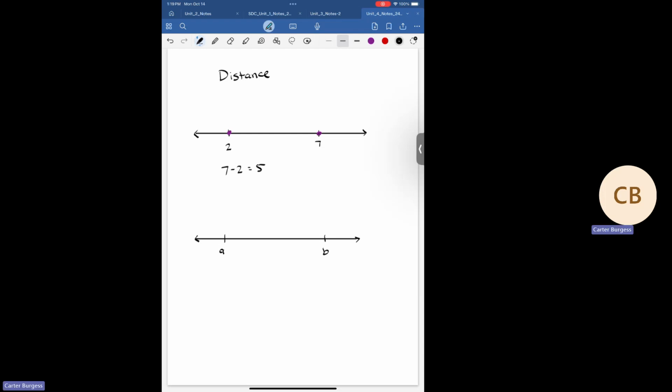So we're still trying to do this thing. We still want to do 7 minus 2. That would be B minus A, but that's only true if B is bigger than A. A could be bigger than B. And so what could we do to force our answer to still be positive while maintaining this idea of distance? We could use the absolute value function that we built, right?